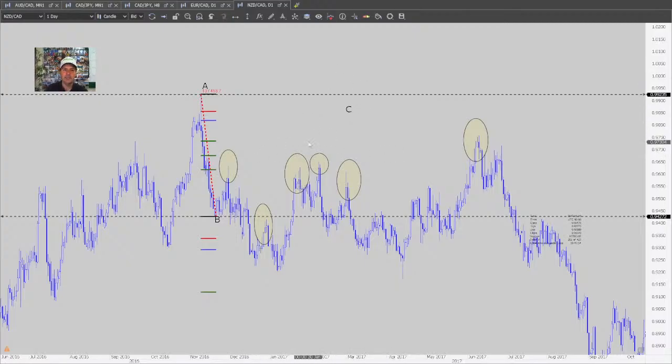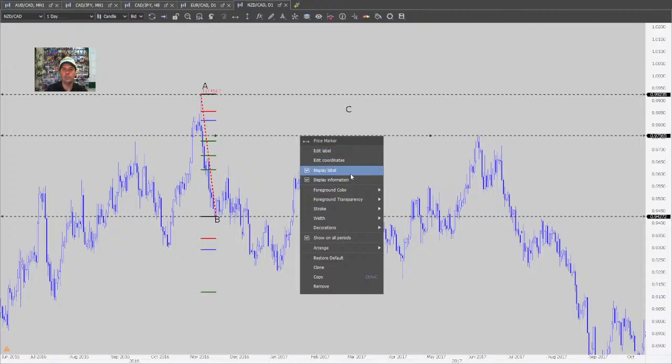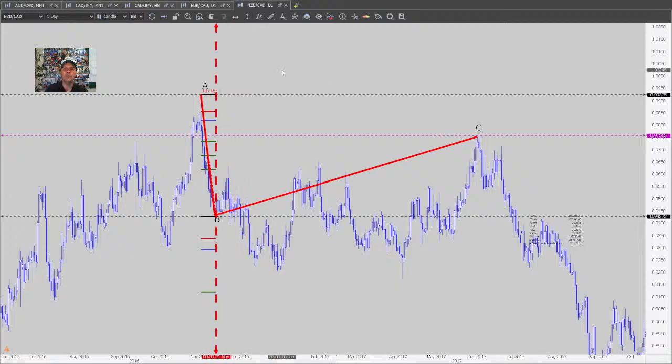Okay? 1, 2, 3. Olga says the sixth one is the C. Do we agree, everybody, that the C is the sixth one? So A, B, C. Alex, do you understand why this is the C? The C is the highest point inside the AB boundary after the B before the market hits the appropriate extension.